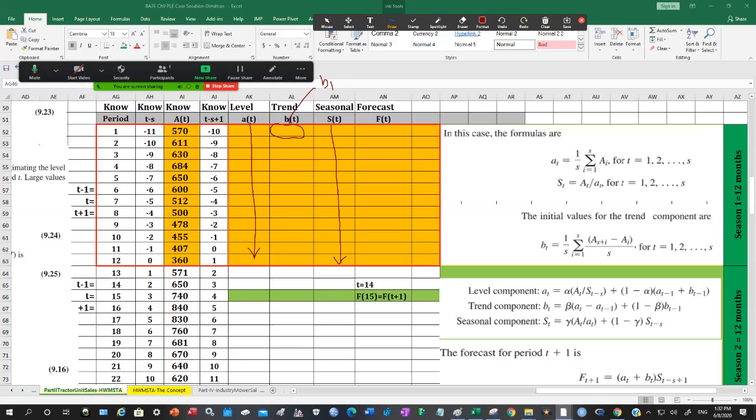But the way I stretched it out, this right here is A13. This is A14.